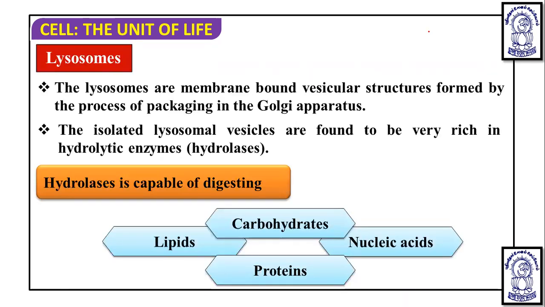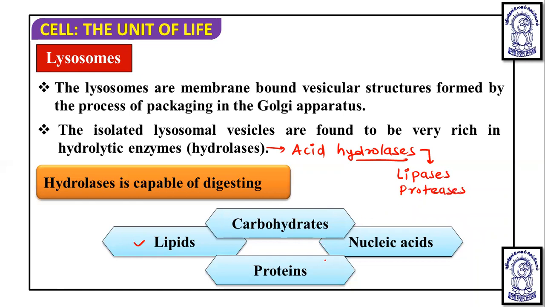These hydrolases are also known as acid hydrolases, and the acid hydrolases which are found are lipases, so they break the lipid. The acid hydrolases present in the lysosome can also be proteases.